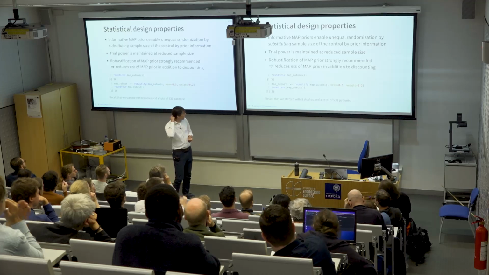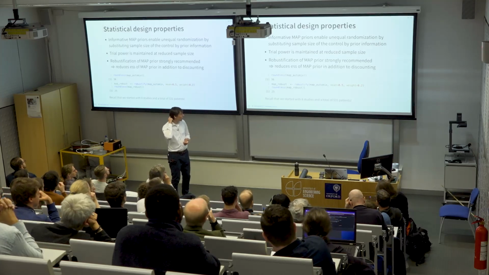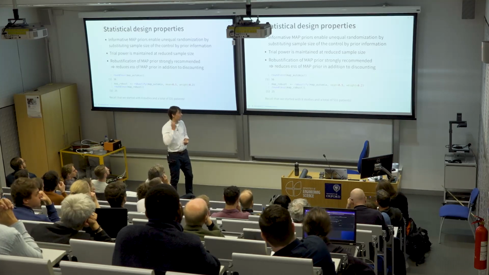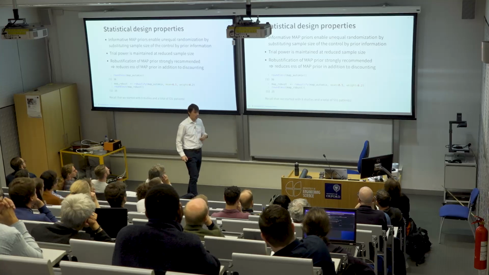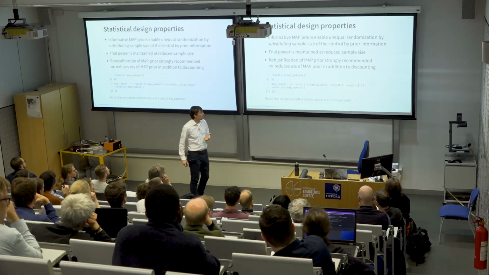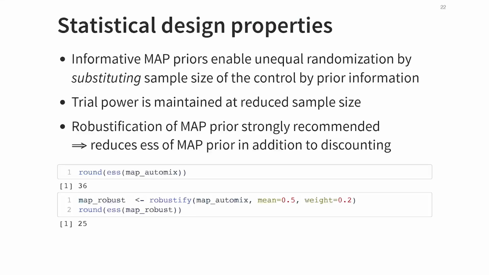So, statistical design considerations. The informative MAP is there to enable unequal randomization by substituting sample size of the control by the prior information while maintaining trial power. Doing this discounting already reduces the effective sample size a lot. Doing robustification reduces it even further, as we see when we calculate the ESS with the ELIR method of the MAP prior, which is 36.